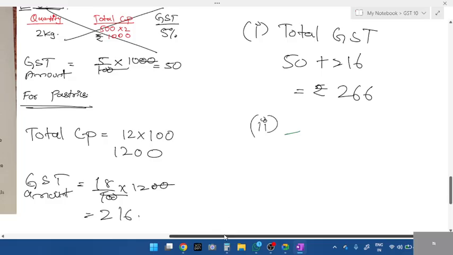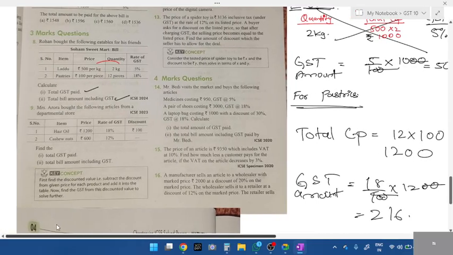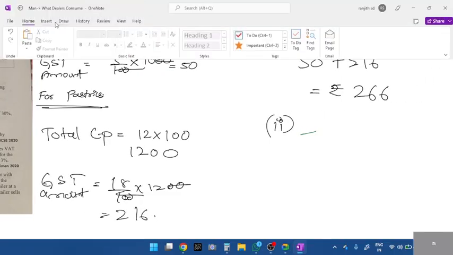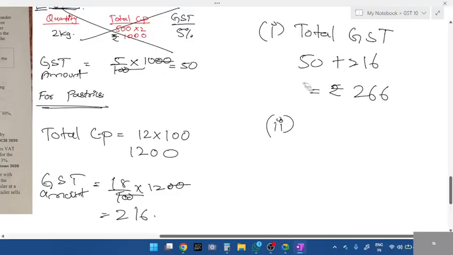Next. What else you have to write? Total bill amount including GST. Tell me the total bill. Total bill is equals to, what are the two things you have to add, students? Total cost price plus, very good, total cost price plus total GST.